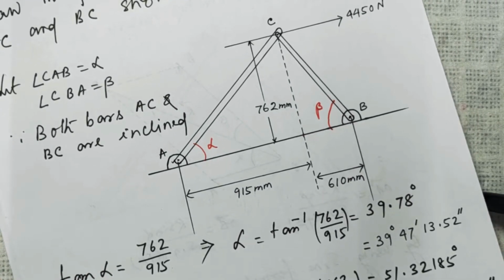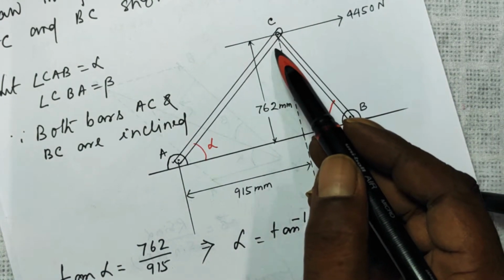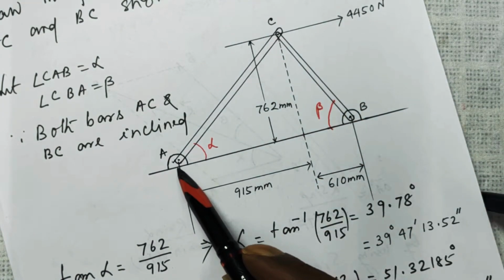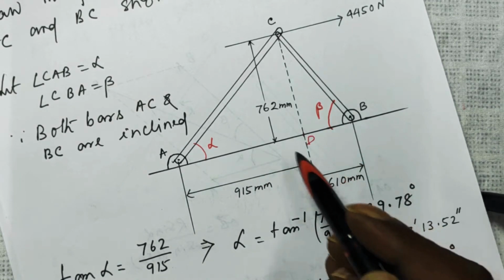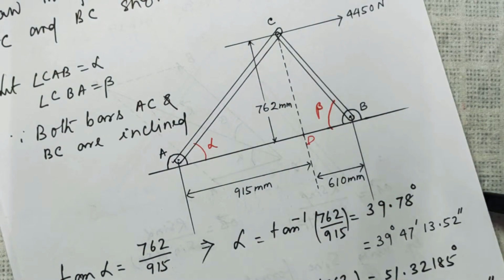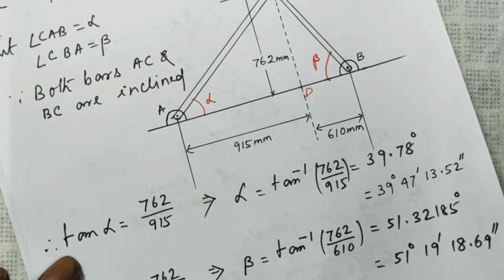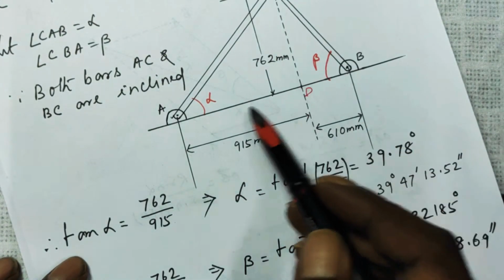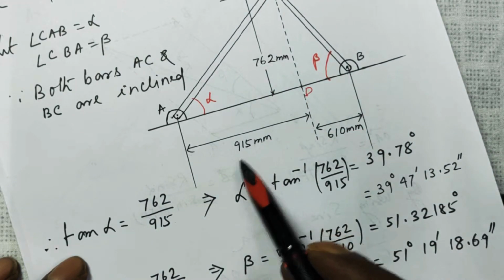So if you drop a perpendicular and look at this triangle CAD, let's say this point is D, this angle is alpha. So your tan alpha will be perpendicular over base, that is 762 divided by 915.